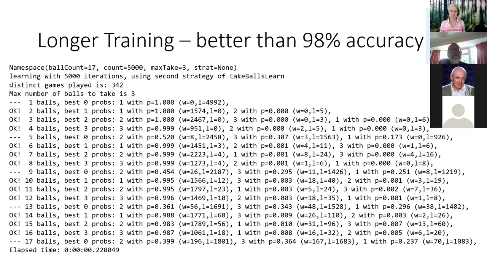With a game like this, there are only a finite number of games you can play. If you play this variation with 17 balls, there are about 18,000 different games that you can play. But in this training session, it's played 5,000 games, but only 342 distinct ones.